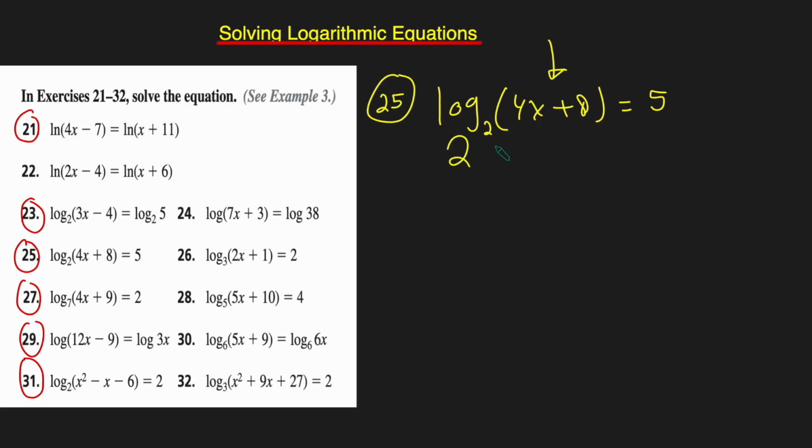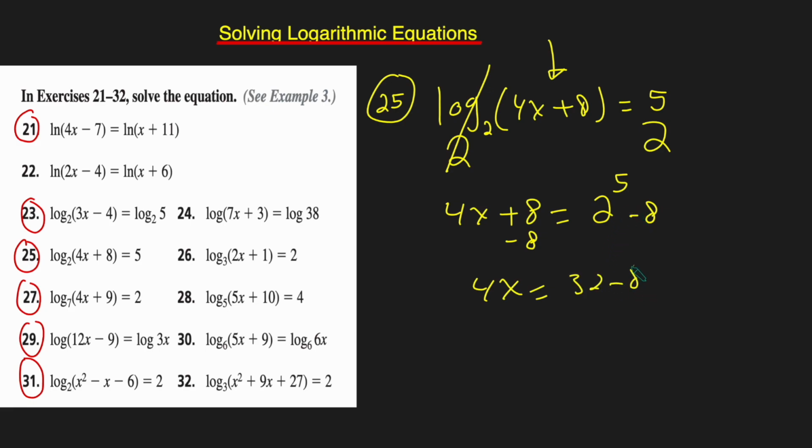If I raise this to the 2 and raise this to the 2, this cancels out, and now I have 4x plus 8 equals 2 to the 5, minus 8 here, and minus 8 here. So now I have 4x equals 32 minus 8. That is 24, and 4x, divide by 4, and x equals 6.